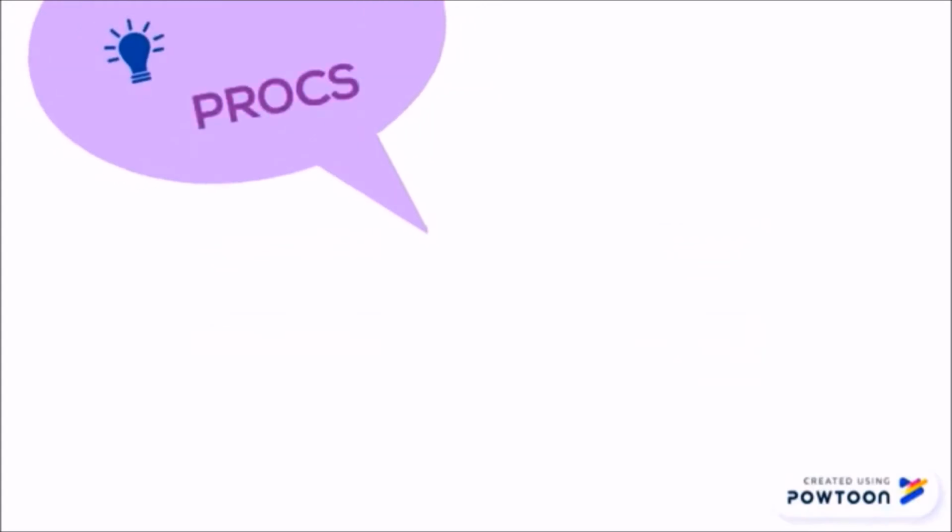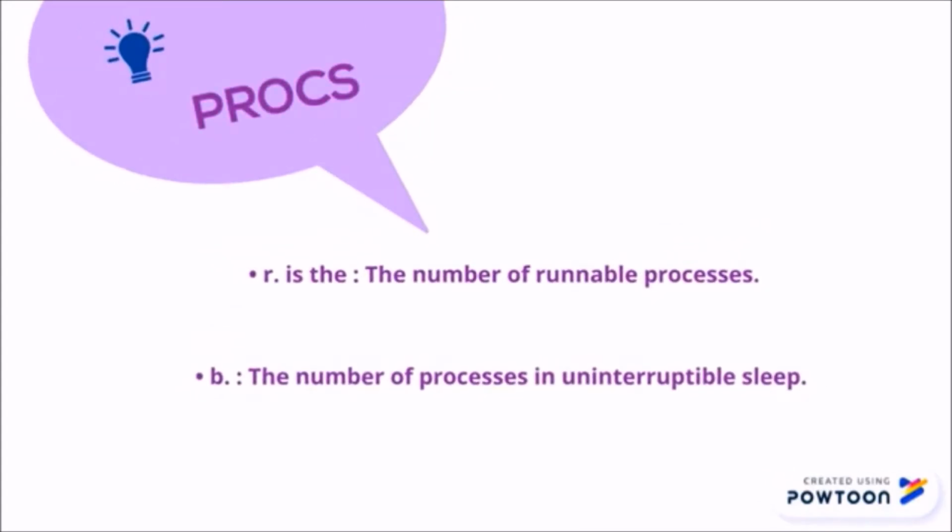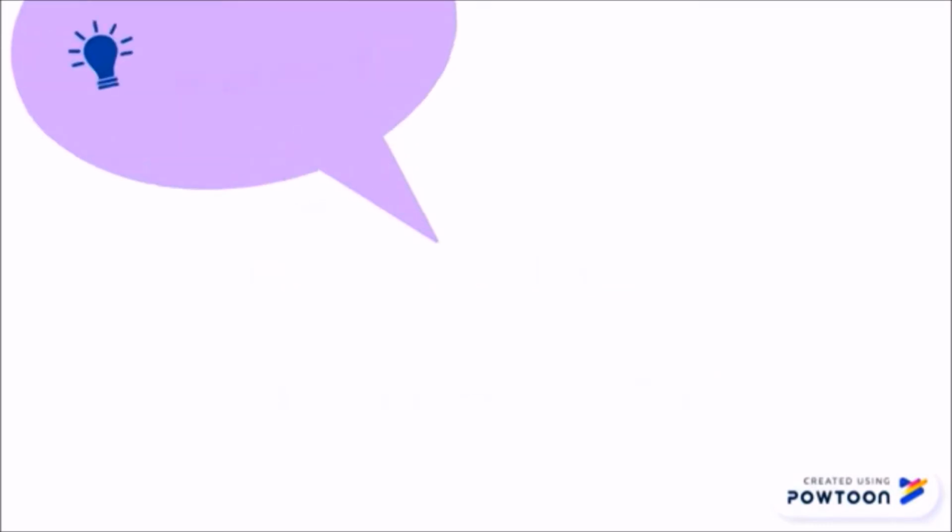The procs part contains r and b. R and B represent numbers: r for runnable processes and b for uninterruptible sleep.